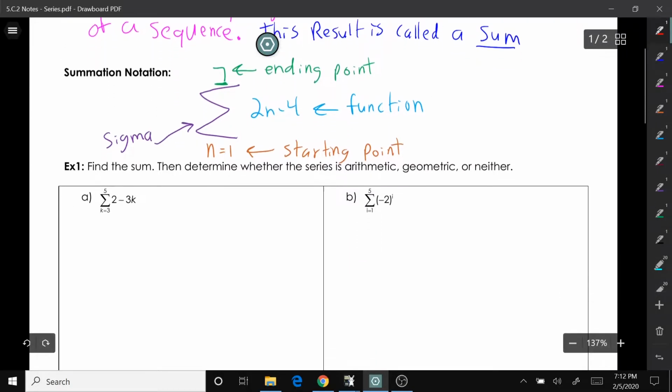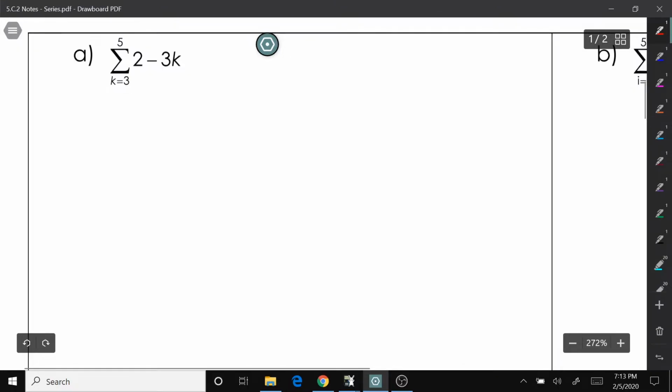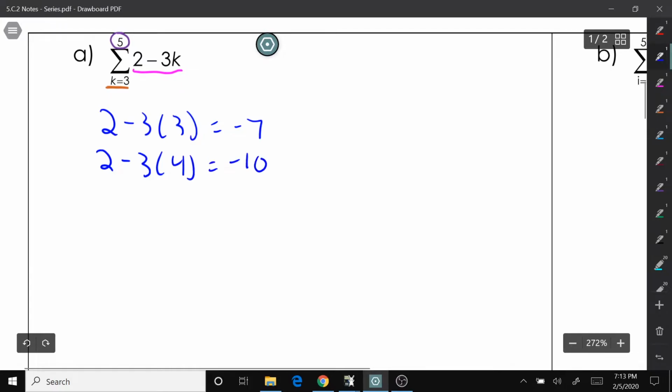Alright, so let's look at some examples. So in this, we have our function 2 minus 3k. We're going to start by plugging in 3 for k, and then we're going to keep going up by 1 until we plug in 5. So we're going to do 2 minus 3 times 3, which equals negative 7. 2 minus 3 times 4, which equals negative 10.